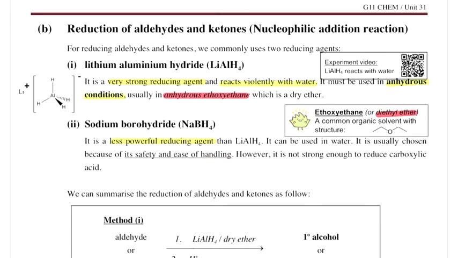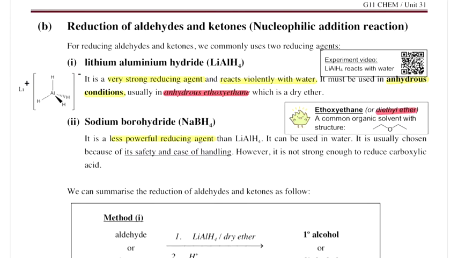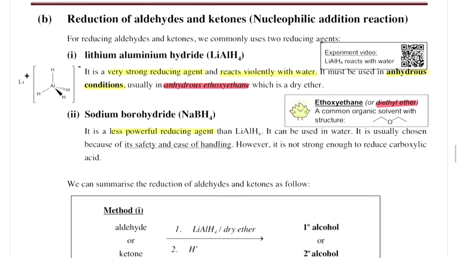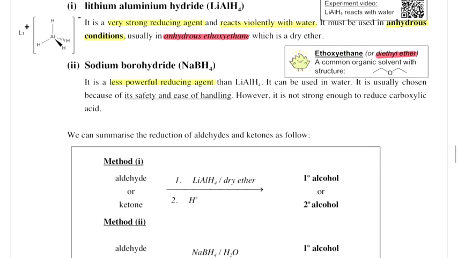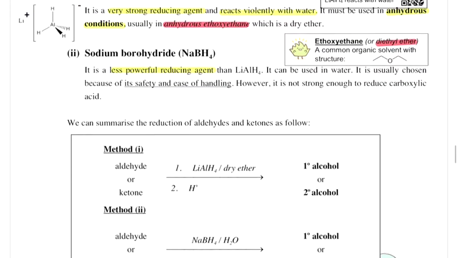But there is a disadvantage: because it's less powerful compared to lithium aluminium hydride, it's not strong enough to reduce carboxylic acid, which we're going to talk about in the next part of this unit. So to summarize, there are 2 options we can choose to do reduction for aldehyde and ketone.